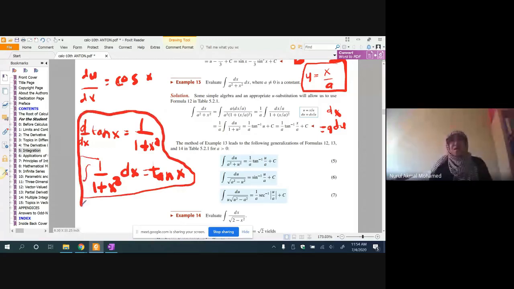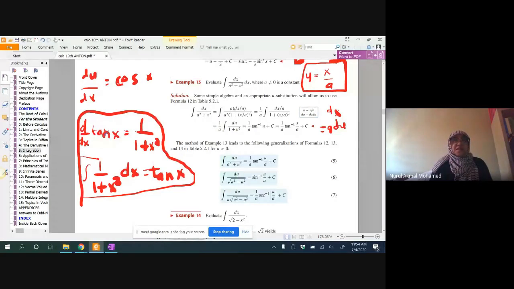So the integration of 1 over 1 plus u squared is just the same as this one, because you integrate with respect to u, and this is with respect to x. Here it is x squared, and this is u squared. So the answer will be, sorry, this is arctangent, not tangent.